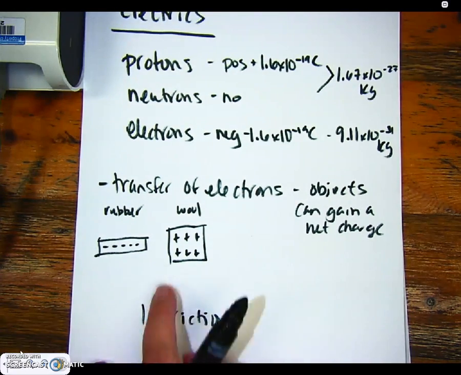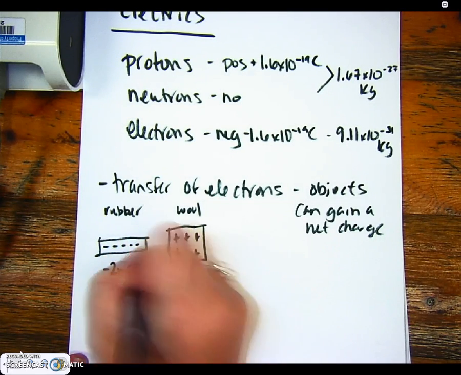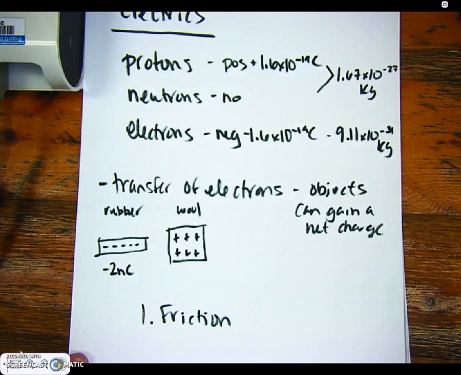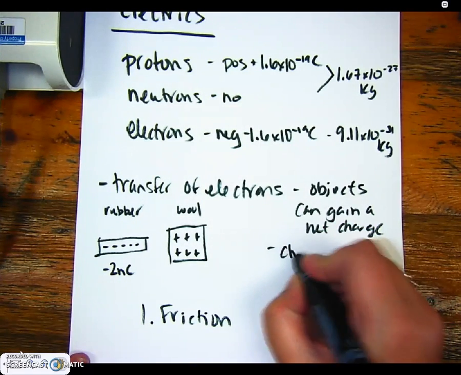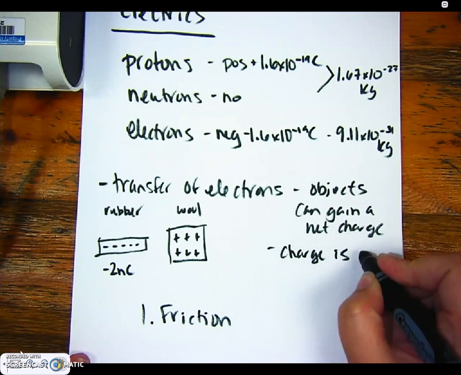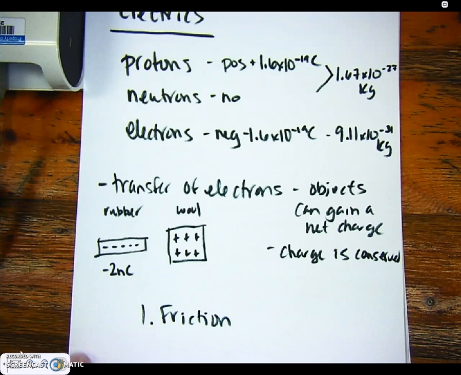Now, let's say this thing gained a charge of, say, -2 nanocoulombs. Because of the law of conservation of charge, charge is always conserved: whatever the charge at the beginning, it has to be equal to the charge at the end within the system.